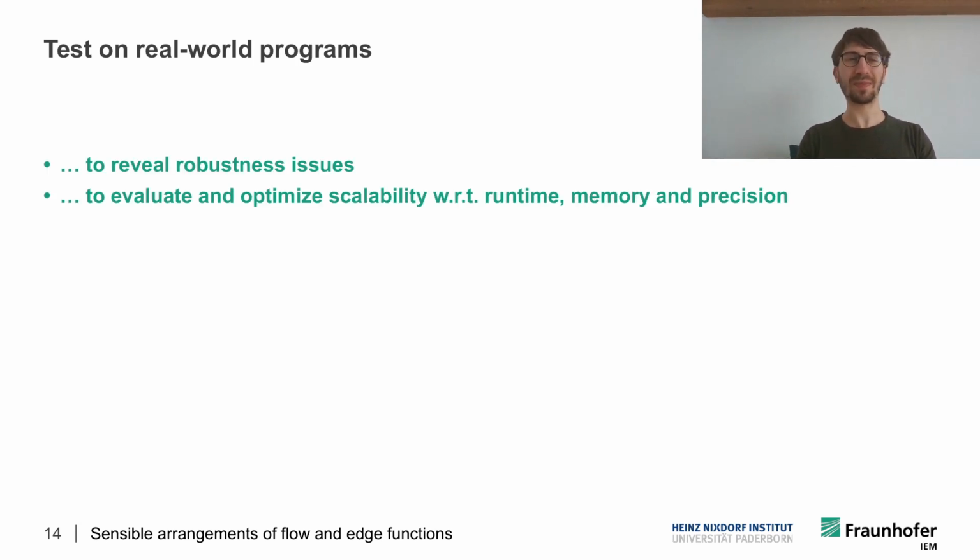So the robustness and also scalability of your analysis you will only see when you really throw it on real-world programs. And as you at some point anyway want to analyze real-world programs, it is obviously a good idea to run your analysis on real-world programs already during development.